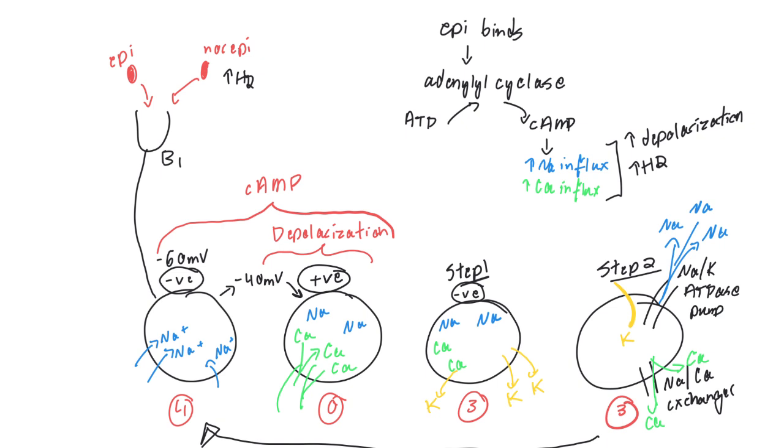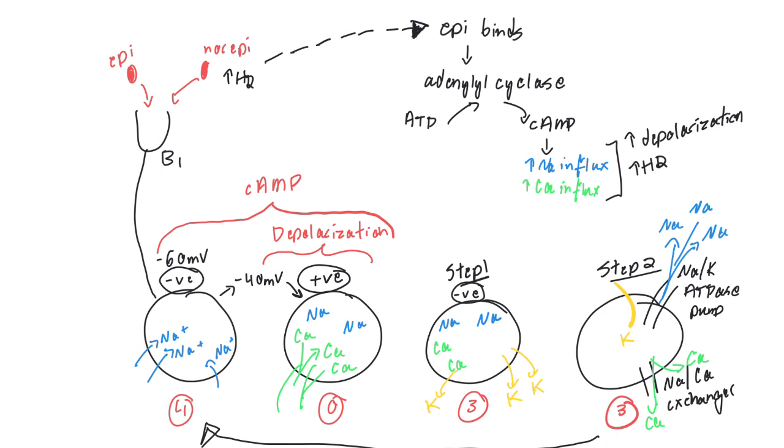That's what cyclic AMP does. And that enzyme is activated through the binding of the beta-1 receptor by epinephrine or norepinephrine. So just to make this clear, I'm going to draw an arrow here. When epinephrine binds, this is the action that epinephrine or norepinephrine has.